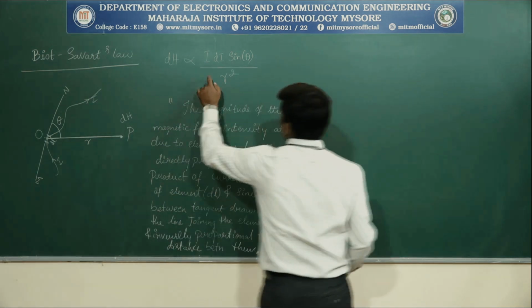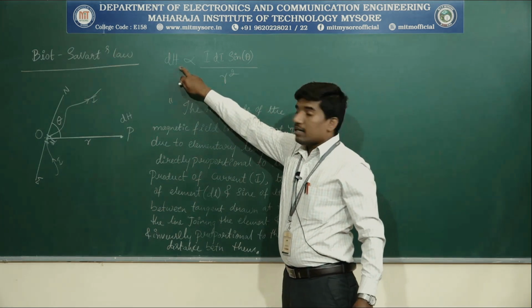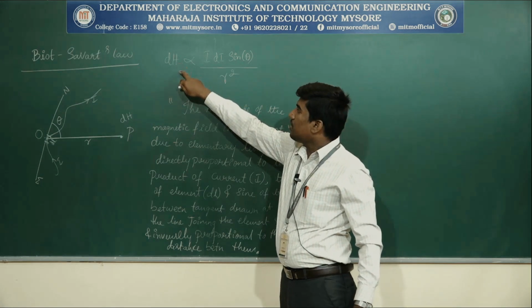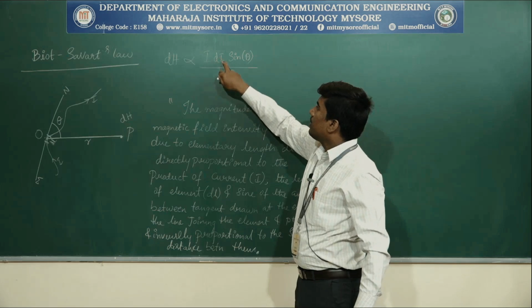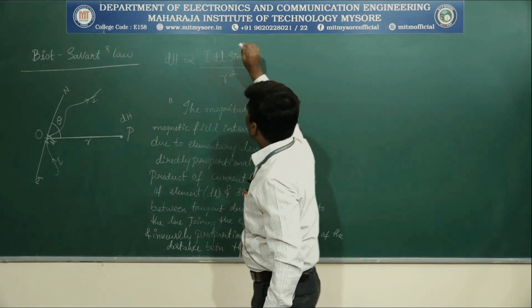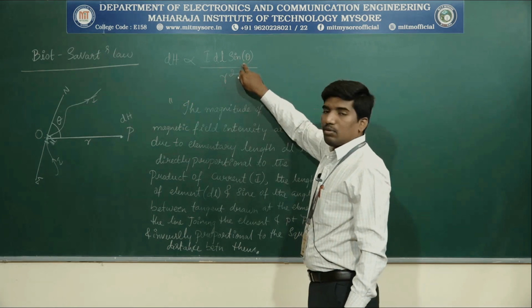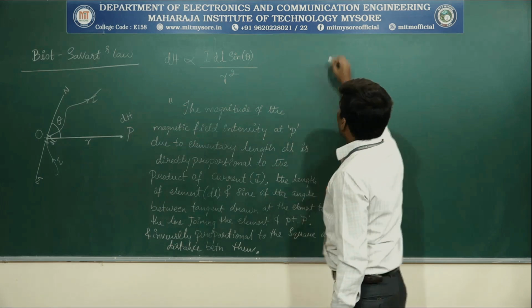Mathematically, it is represented like this: the magnitude of the magnetic field intensity dH is proportional to the product of current I, the differential length dl, and sine theta, divided by r squared.